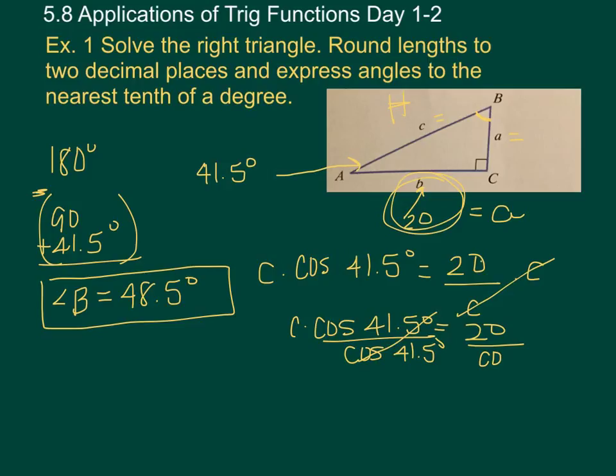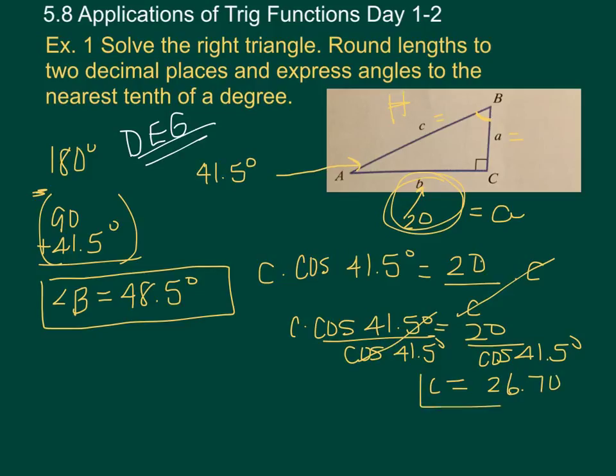And I forgot to mention, make sure your calculator is in degree mode. And if you put that in your calculator, you're going to get little c is 26.70 units.